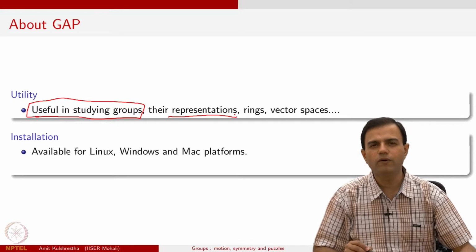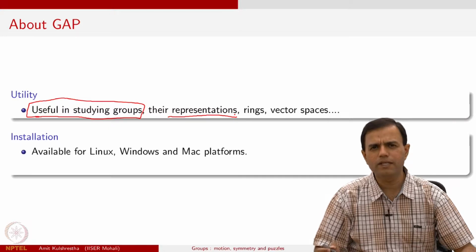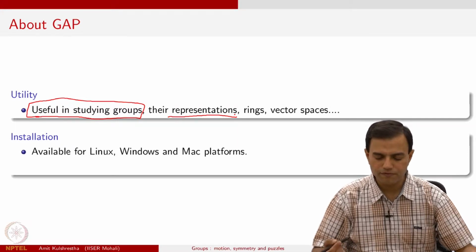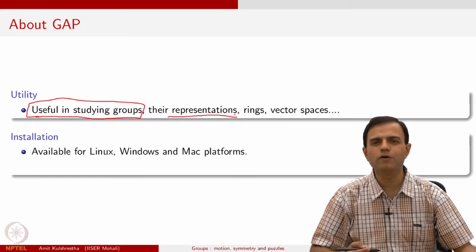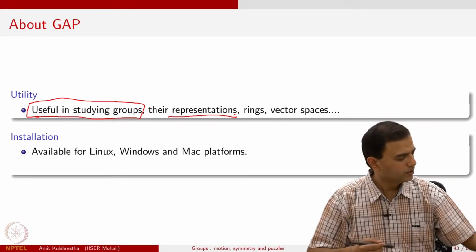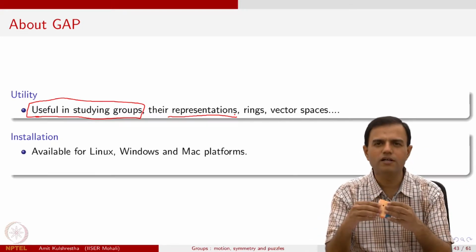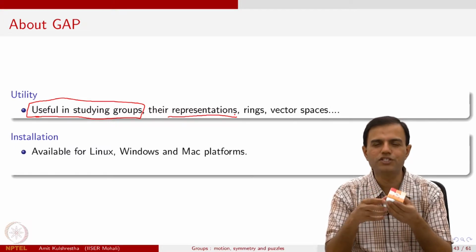Representations, I have not mentioned what representations are so far. Probably in coming lectures a bit of representations is what we are going to see, but as a rough way of understanding, representations would be that the same group incarnates itself in various forms, in various examples, in various different real life situations. So Rubik's Cube, as I said, is a tangible representation in a sense, it's something that you can touch.